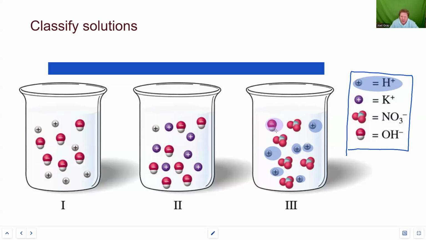What do I have more of? Well, I've also got nitrate ions, but if I'm just comparing my hydrogen ions and my hydroxide ions, well, you're absolutely right. I have more hydrogen ions. And when it comes to determining if something is acidic or basic, those hydrogen ions and those hydroxide ions are the ones that we care about. So there we go, H+ and OH-.